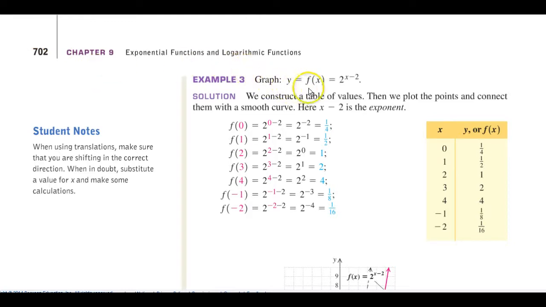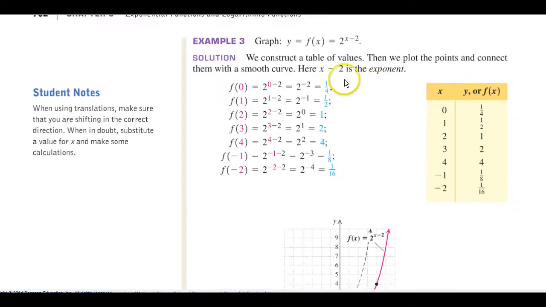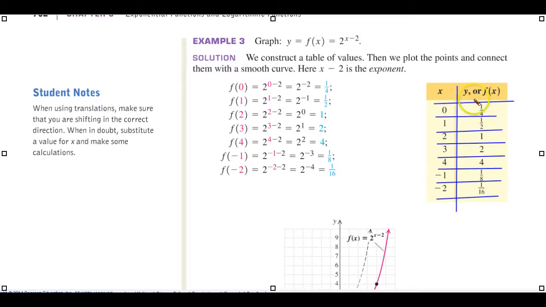So here they want you to graph this function, and it's going to be 2 to the x, minus 2. So as you put this in your table over here, let's analyze it.